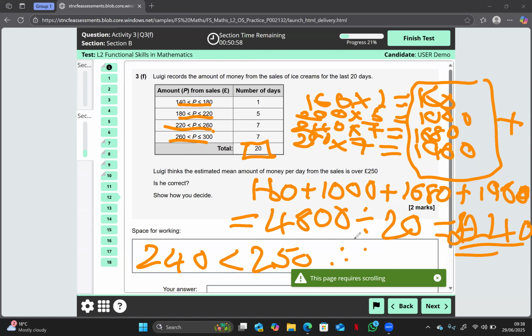Therefore, we know that Luigi's estimate is wrong.